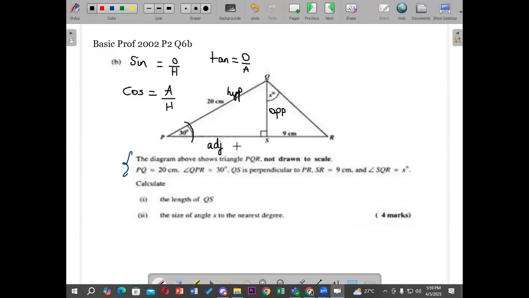So which trig ratio should we apply? We apply the trig ratio which involves the side that we're given and the side that we want to find. Which side do we want to find? The opposite, because of the 30 degrees.